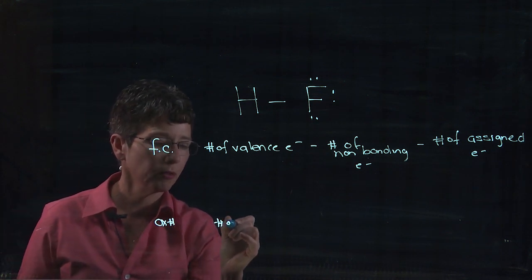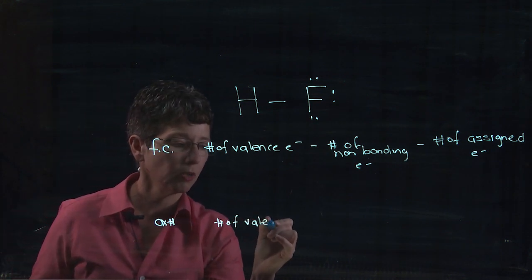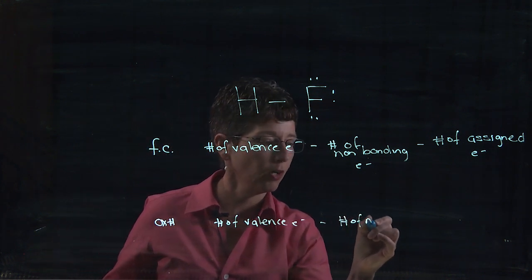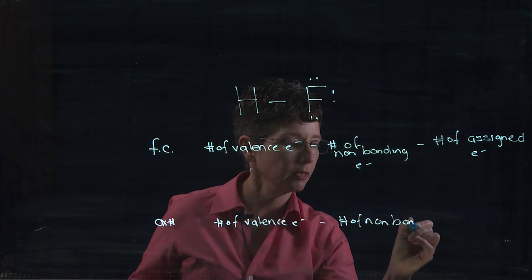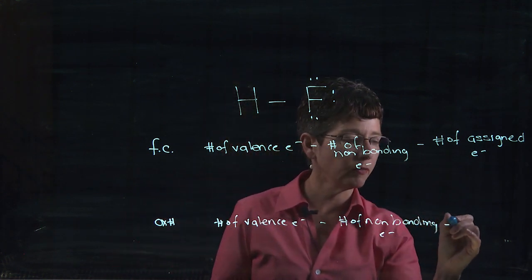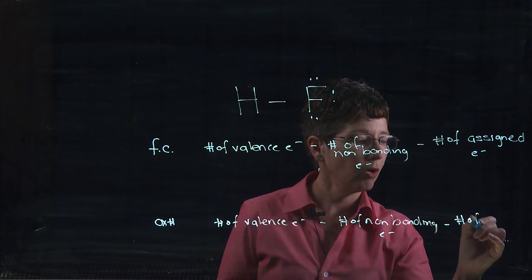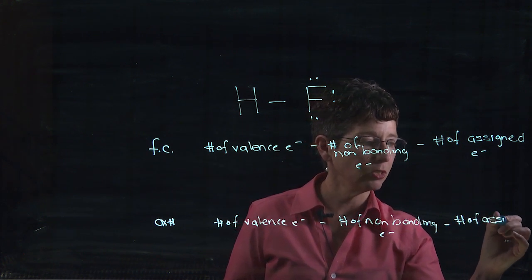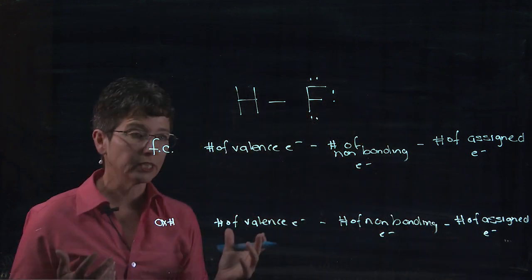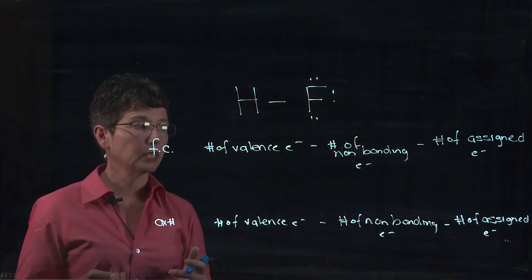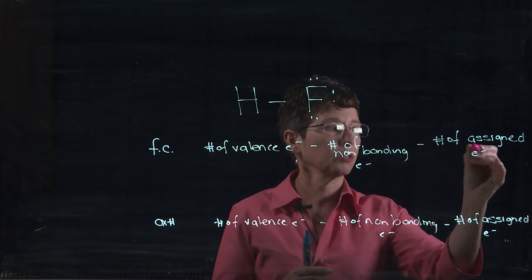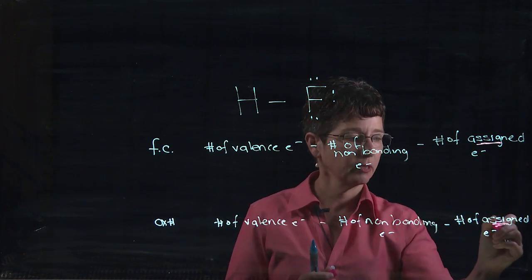It's the number of valence electrons minus the number of non-bonding electrons minus the number of assigned electrons. All that differs in these two formalizations of bonding is how we assign the electrons. So we'll see how that works.